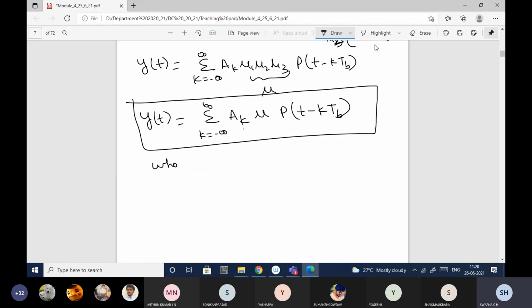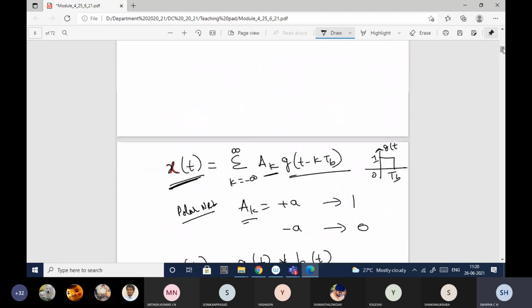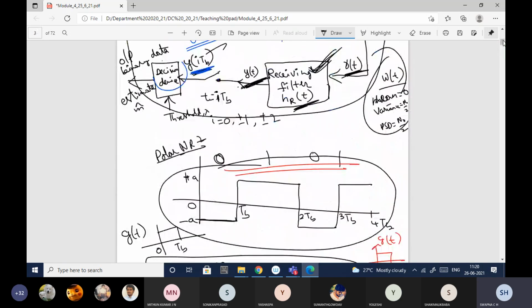To find my ith symbol, I need to substitute k equal to i. And now, if I want to take the correct decision, I need to sample at t equal to iTb.